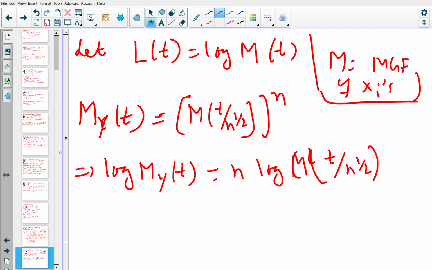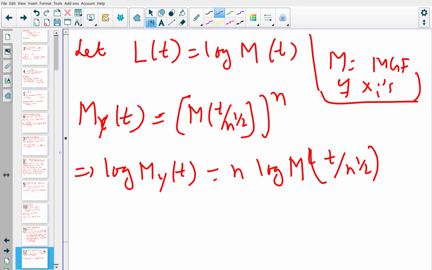Let me write this down properly. This is m, and this quantity we define by L of t.